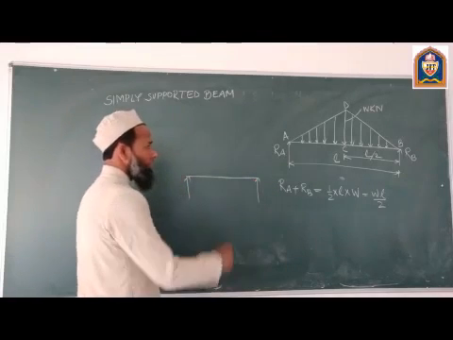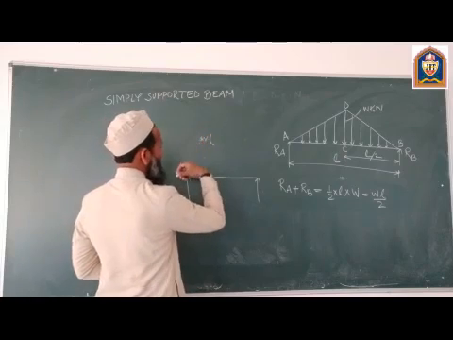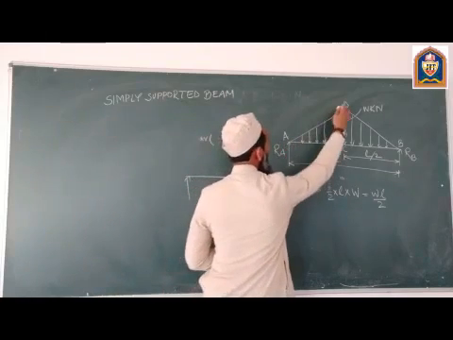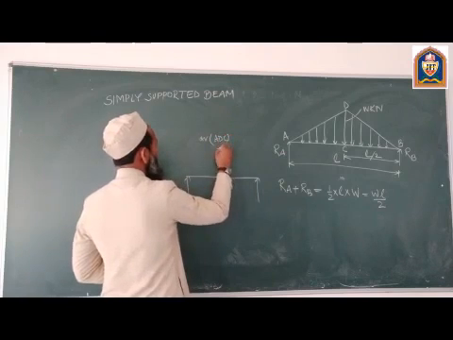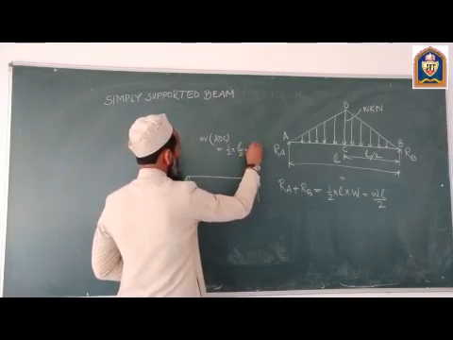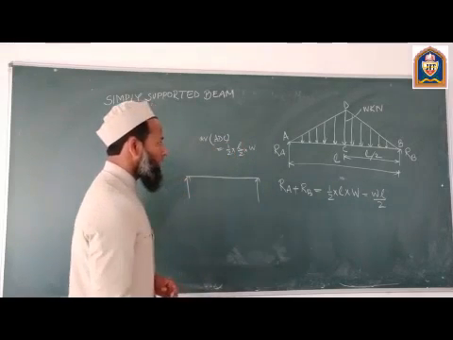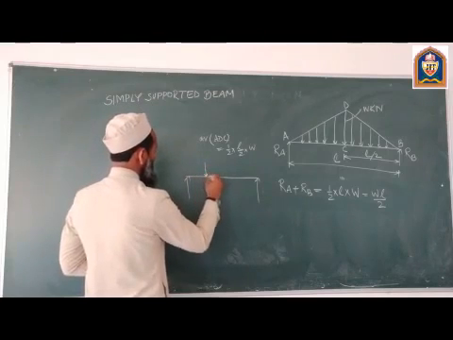We can also represent this in this way. The area of the triangle ADC, which represents this uniformly varying load, is equal to 1 by 2 multiplied by L by 2 multiplied by W. So this is WL by 4, which will be shown here.